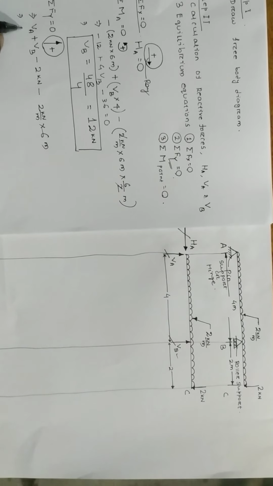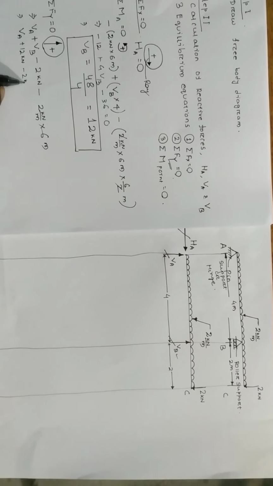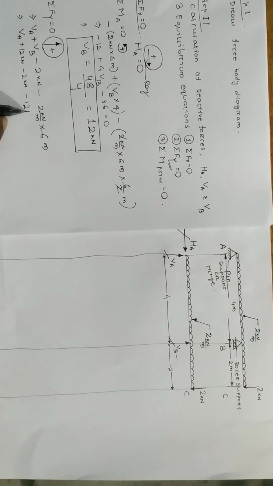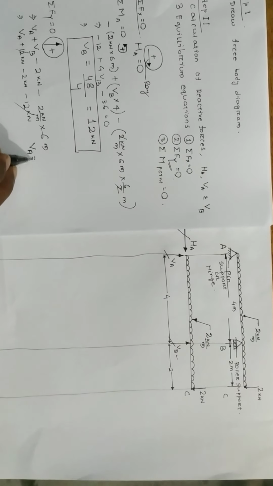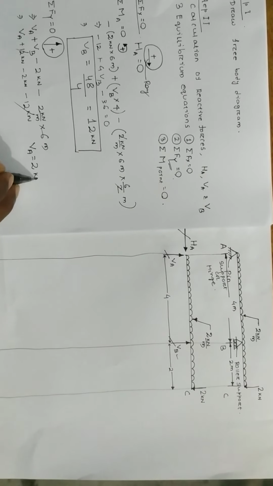So I can write VB is 12 kilonewton minus 2 kilonewton minus 12. So how much VA is coming? VA is coming 2 kilonewton.